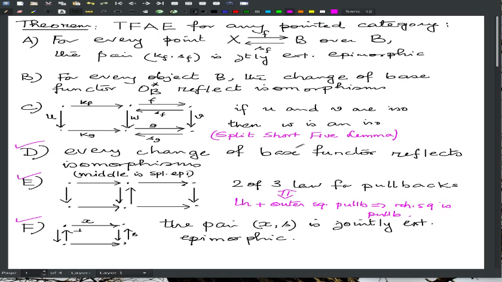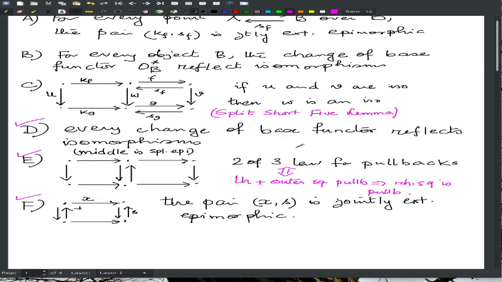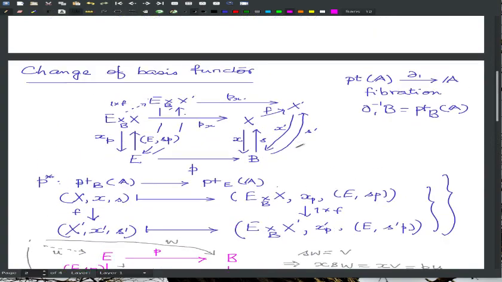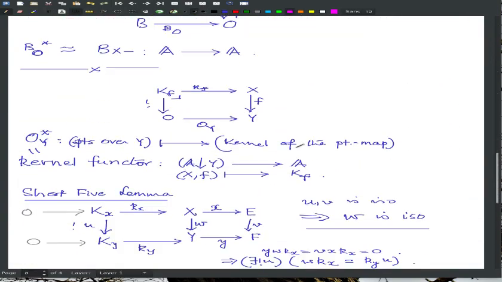All right. And therefore, we just saw that this is nothing else but the kernel functor again, right?